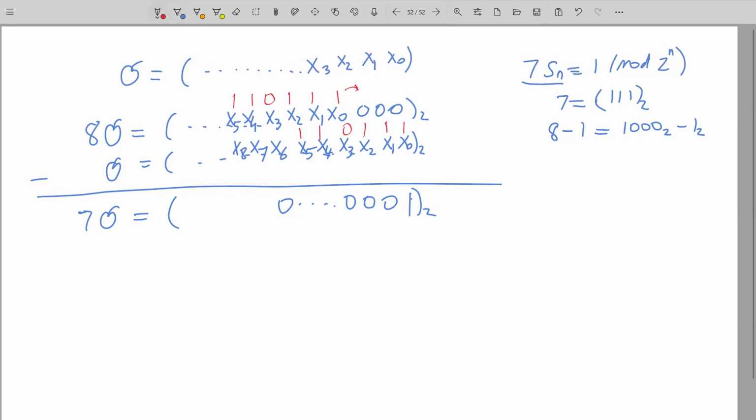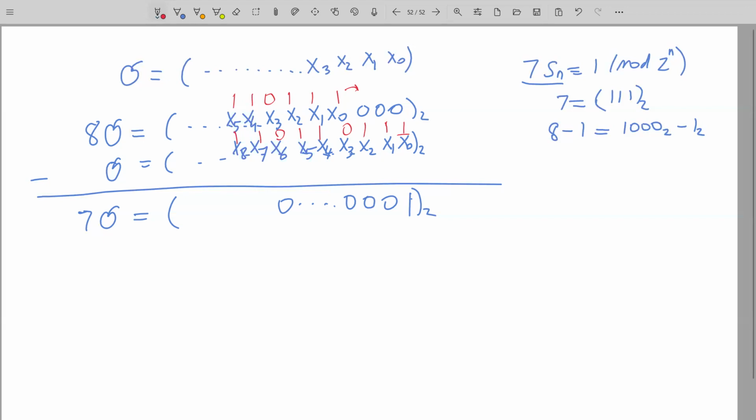x2 minus x5 should be, yes, there's no carryover anymore, so this should be 0. And this should be 1. This should be 1. So we see that after the last digit, there's a pattern of 1, 1, 0, 1, 1, 0, 1, 1, 0, and there's no more carryover in the earlier subtractions.